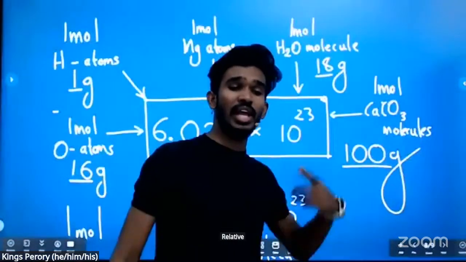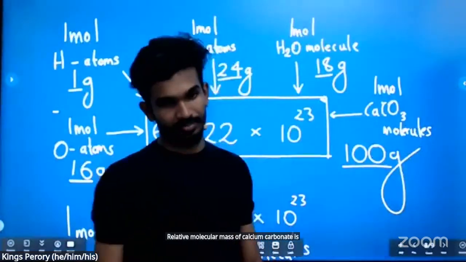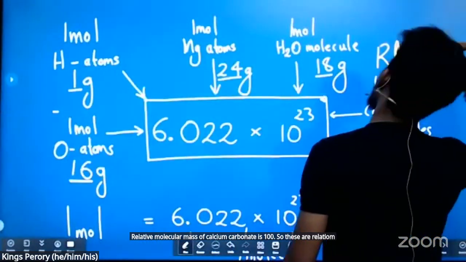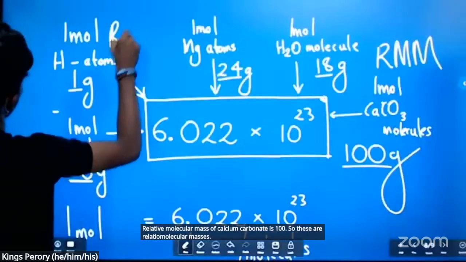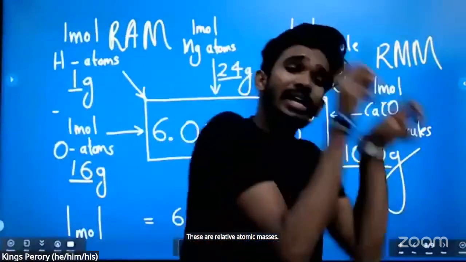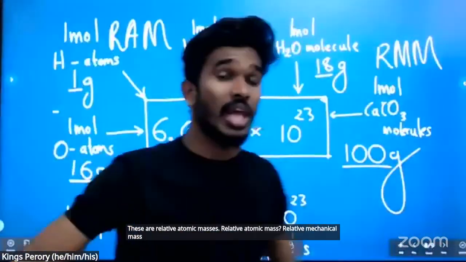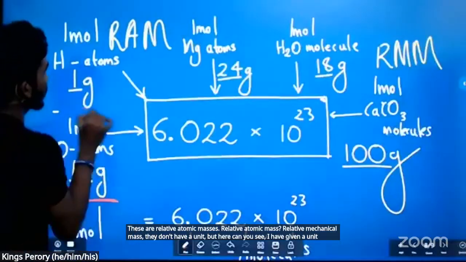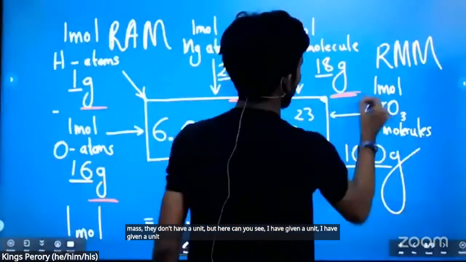Relative molecular mass of calcium carbonate is 100. So these are relative molecular masses. These are relative atomic masses. Relative atomic mass and relative molecular mass don't have a unit. But here can you see, I have given a unit. What's the unit I have given? Grams.